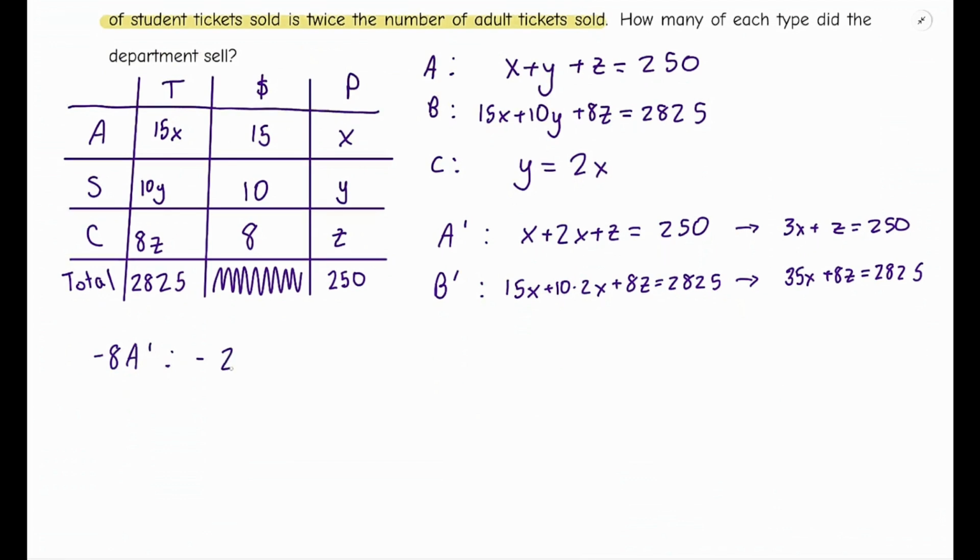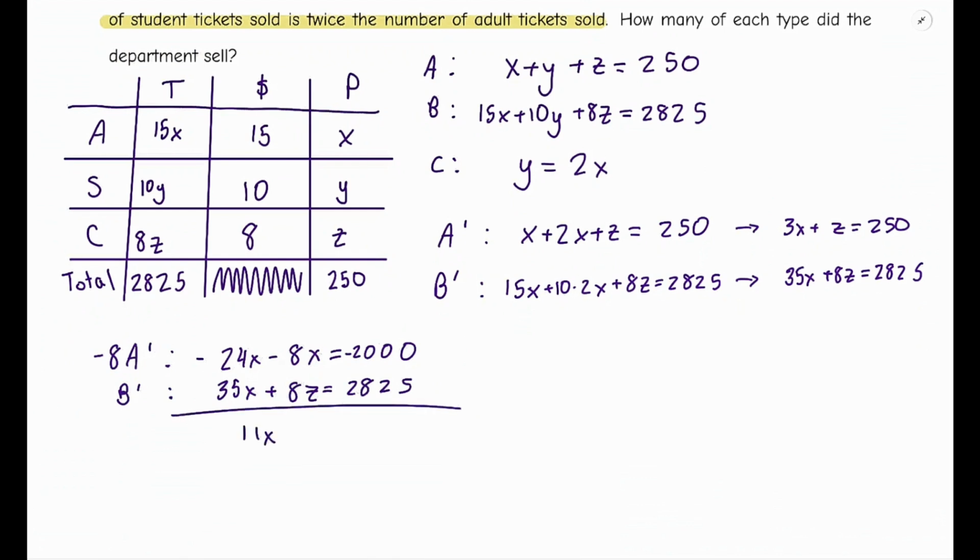So that's negative 24x minus 8z equals negative 2,000. And then we get 35x plus 8z equals 2825, and that is just B prime. Adding these together, we get 11x equals 825.